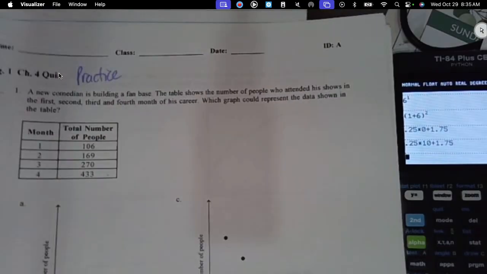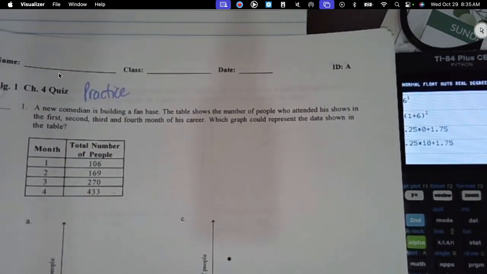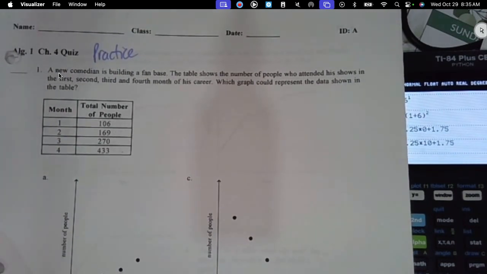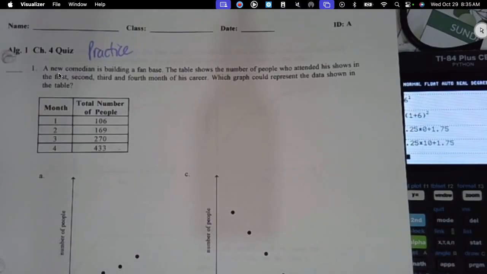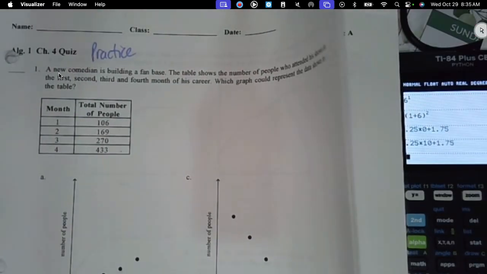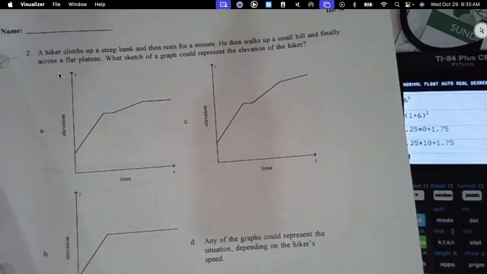The first one that I did is one where you just have to tell which graph. So I'll make a copy of that one. Then the next one on there is the hiker, so I'm going to make a copy with the hiker one on there.